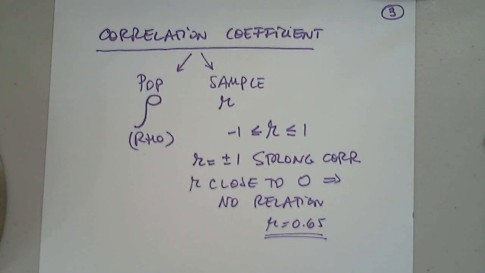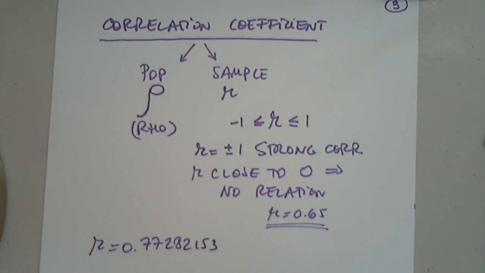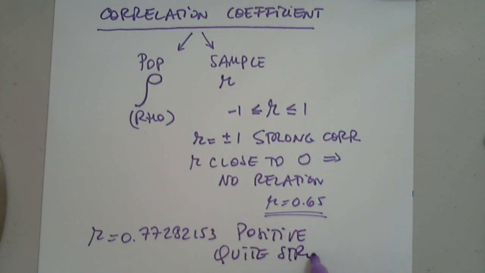So the notation is r, lowercase r, equals 0.77282153, which is definitely a positive, quite strong correlation.